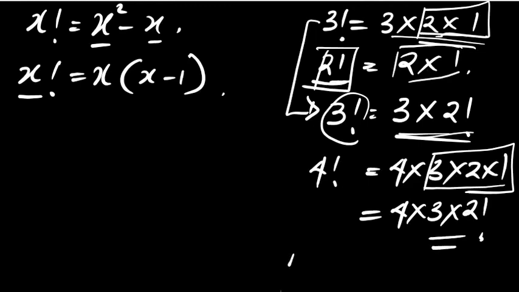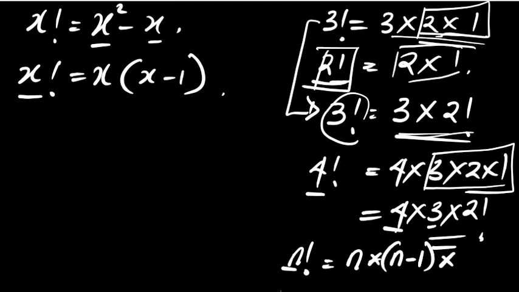Now we can say n factorial is the same thing as saying n, this is 4, which is n. Times the next one, which is lesser than n by 1, so n minus 1, times n minus 2 factorial, because for 4 and 2, the difference is 2.